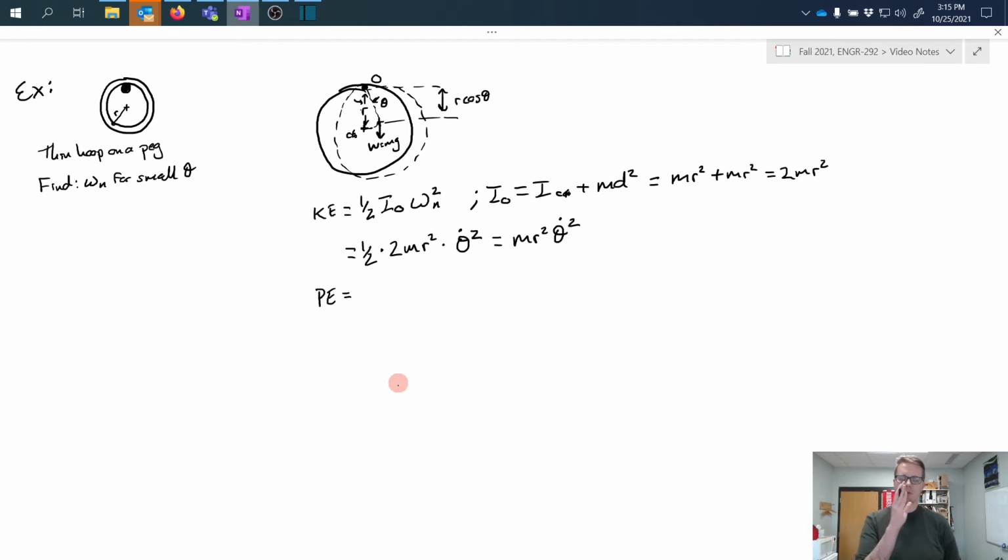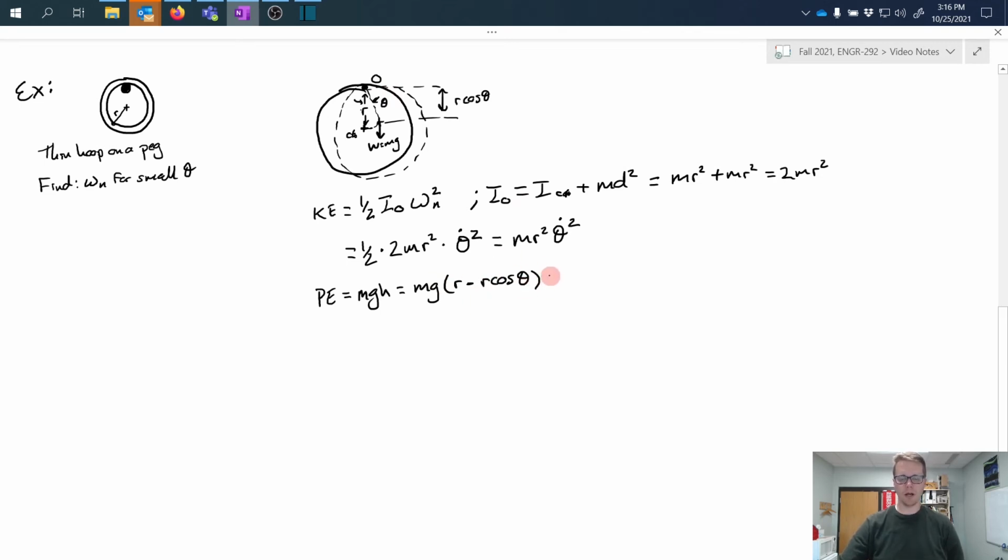And if we rotate the hoop about the peg, we can see that it's going to lift the center of gravity by some small amount. So we're going to say that the change is due to the change in height, and therefore it's going to be equal to mg times r minus r cosine theta, because the difference between those two positions relative to the fixed peg is shown there.